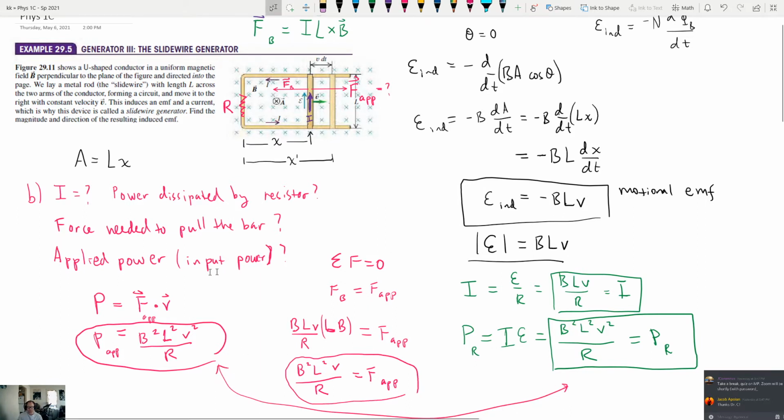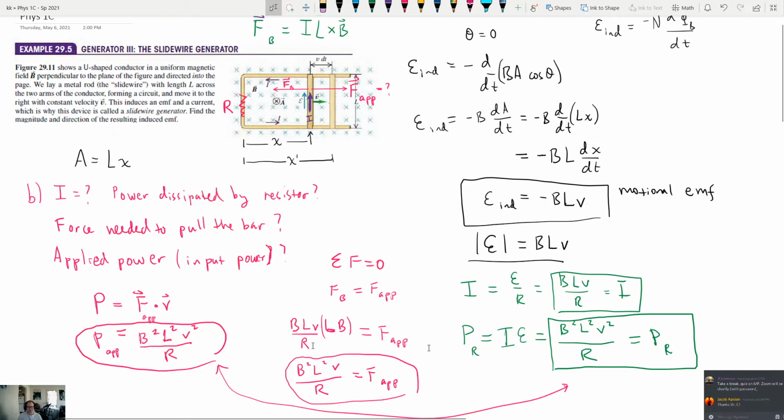Which means in this system, the input power is exactly equal to the output power. Which is a little bit kind of ridiculous. It's kind of ideal. You'd have to have some kind of losses in the system due to friction. But it is kind of nice that, without considering those losses, you get an exact conversion from what you're putting in to what you're getting out. That's kind of cool.